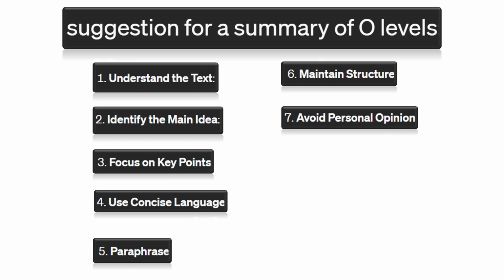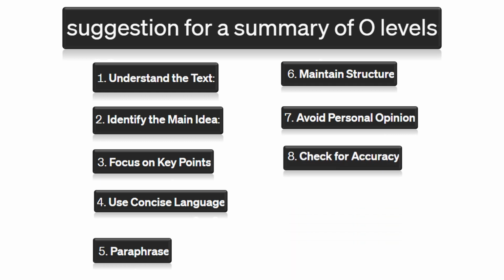One more important thing: when you are writing a summary, you don't have to add your personal opinion. You have to use whatever material is given in a quite objective way. Keep checking the text for accuracy. Accuracy means that your language and your tense are fine. Mostly we write summaries in the past tense, or we may use the present tense.